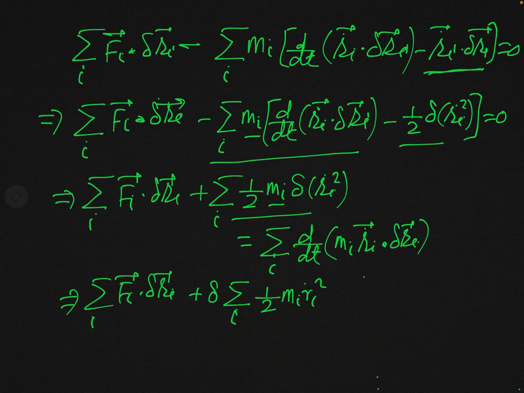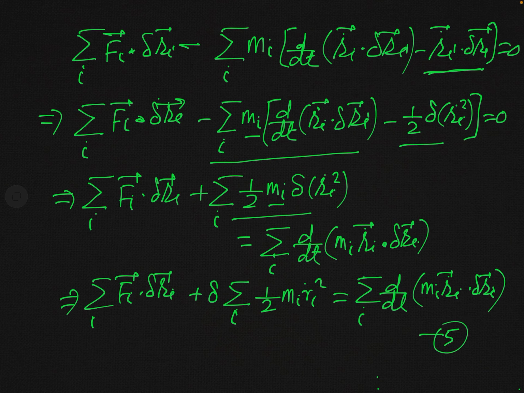Because mi is not varying, we can operate this operator delta before mi. And this RHS remains as it is. You can write it in the same manner: summation over i d/dt of mi ri dot delta ri. Say this is equation 5.